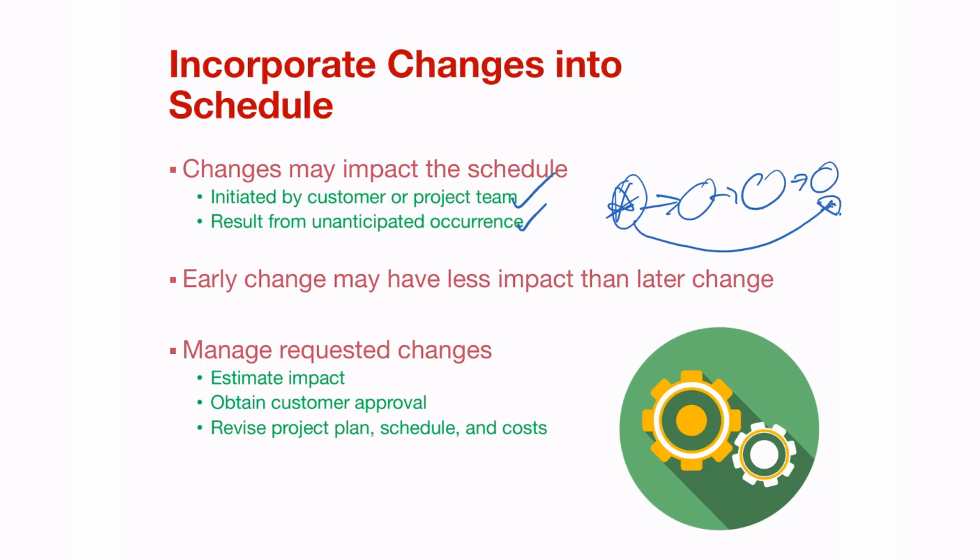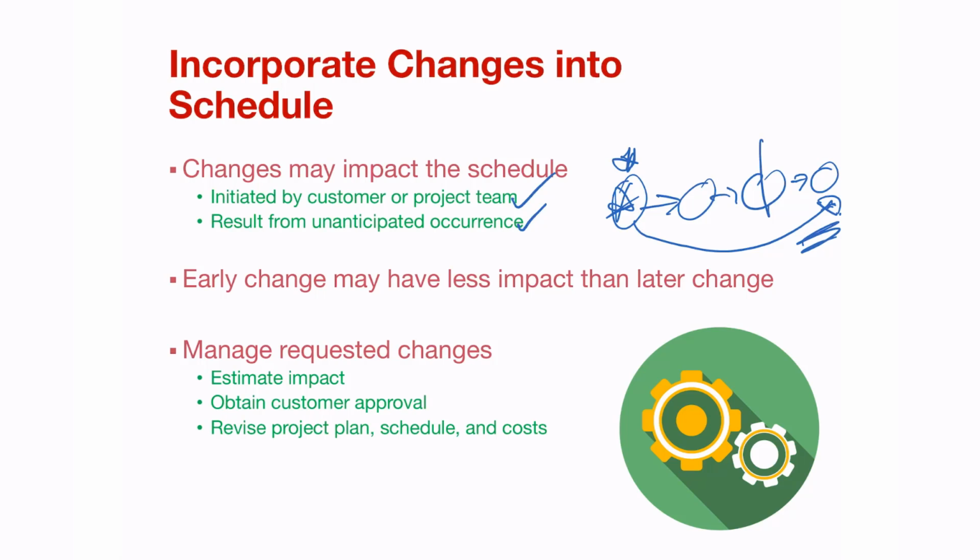Early change may have less impact than later change. If something happens to an early activity, it might not have such a big impact. But if something happens to an activity that is 1 step away from finish, it will have a much bigger impact on the final completion time.